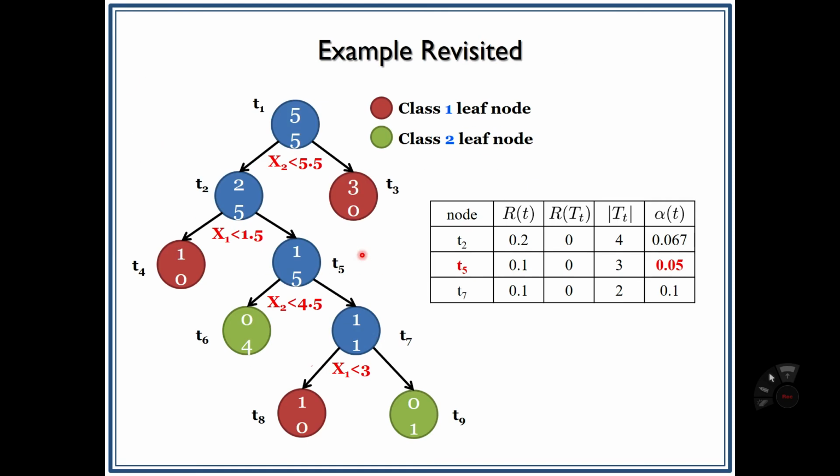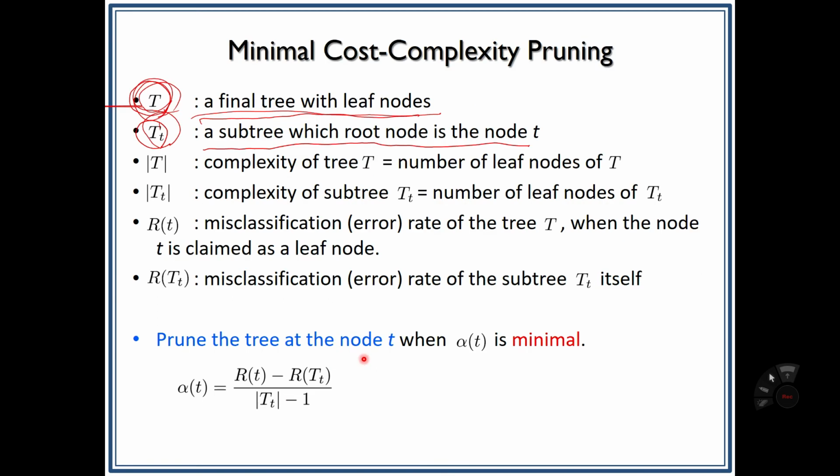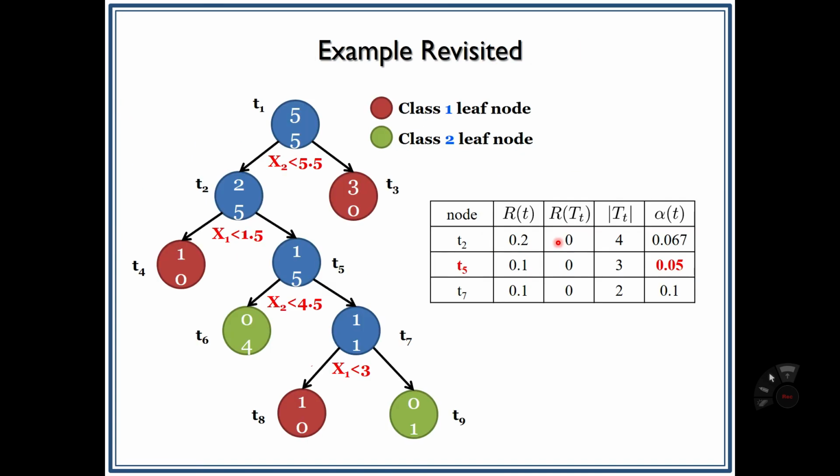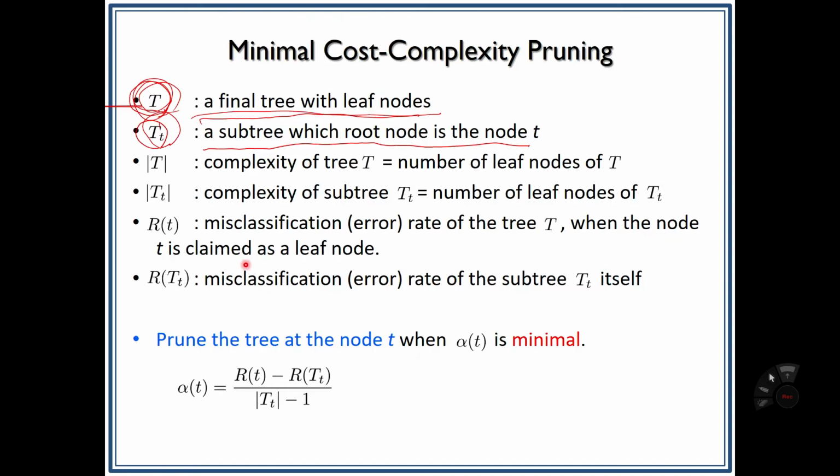So again, if this node is claimed as a leaf node, then R of t is the misclassification rate of the tree T right after cutting off the branches, right after pruning.